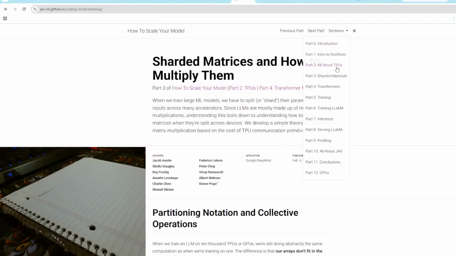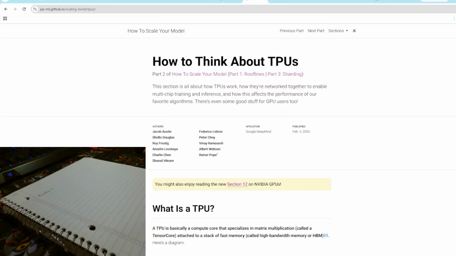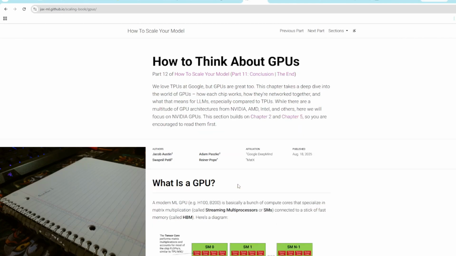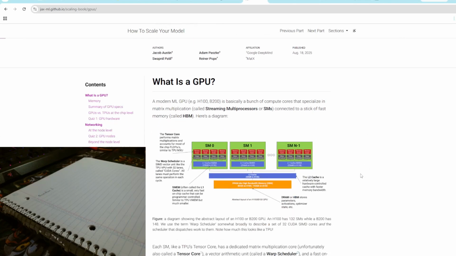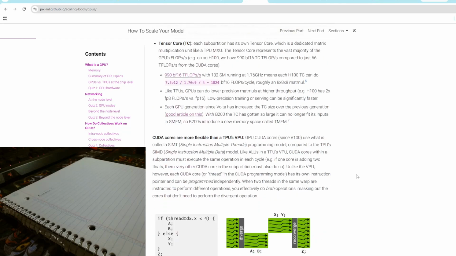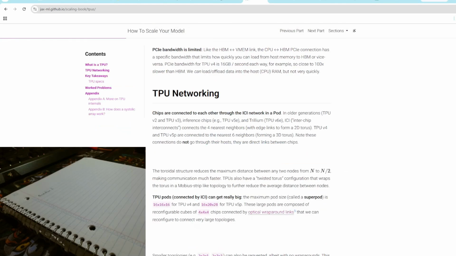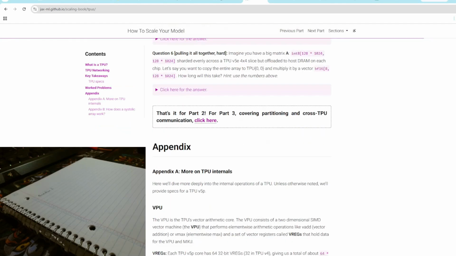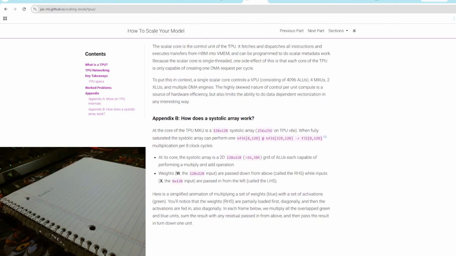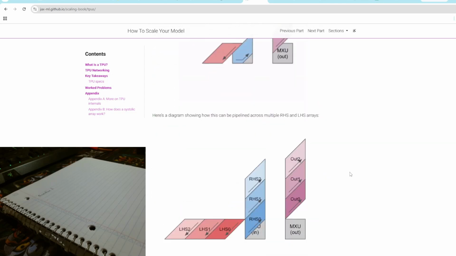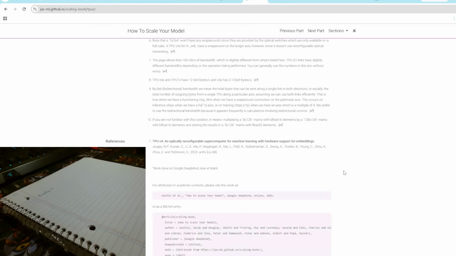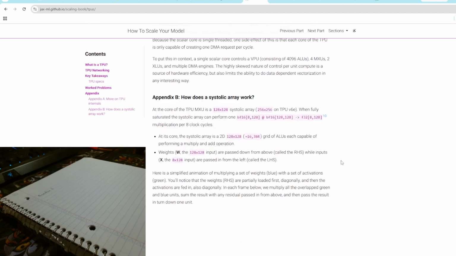Okay, yeah, that's just the next section. Alright, let's go back. All About TPUs. Oh, this appendix looks very cool, actually. Let's stop getting distracted, though.